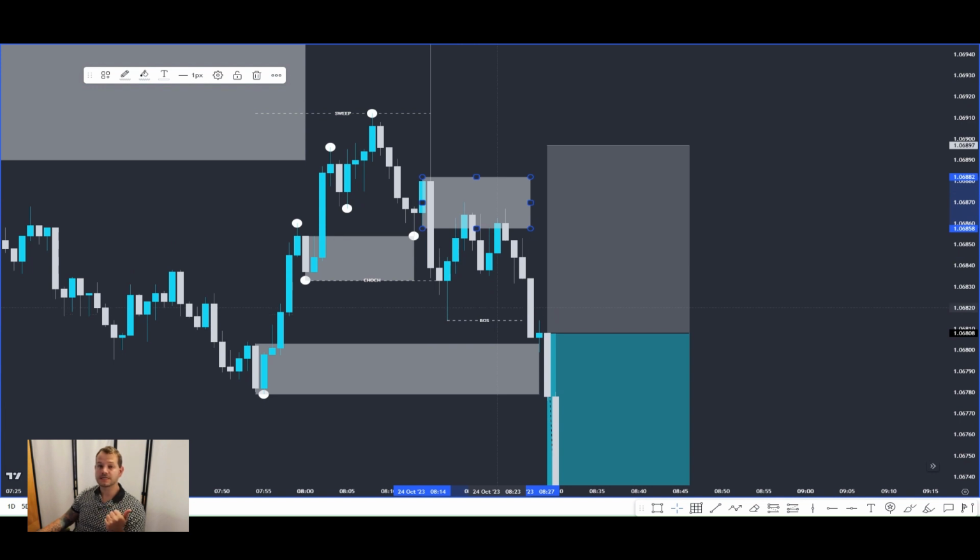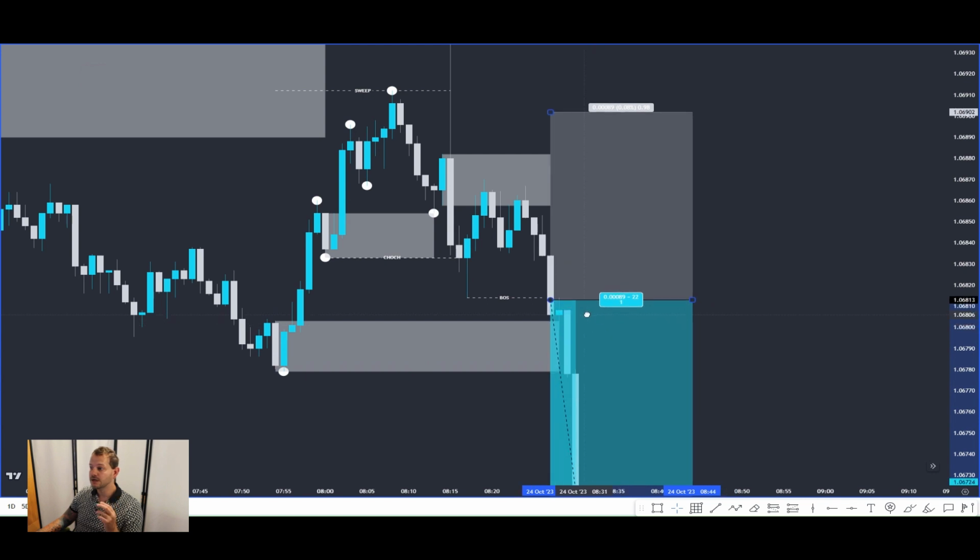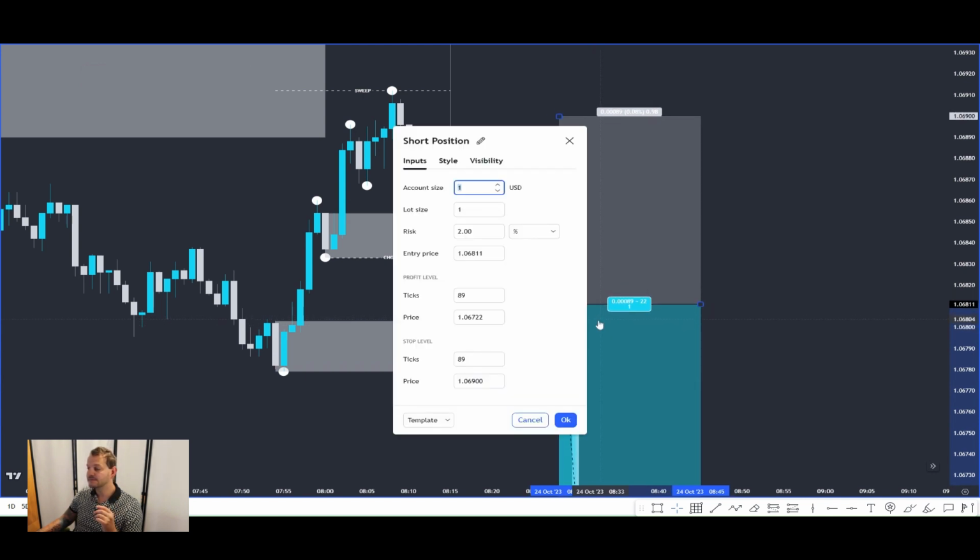So the first one was the change of character, and the second was the break of structure. We then had a little bit of a response to this demand zone, which is good because you want to see a bit of a response before the power pushes through. And then as soon as we buy from that area, we know we've already had 2 breaks of structure and we're looking for sells overall. We can then drop a sell in.